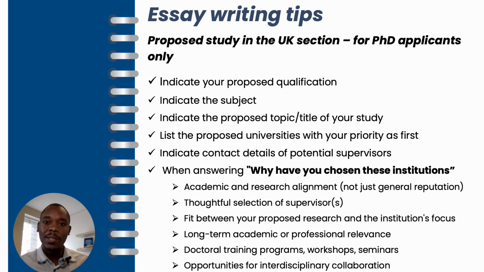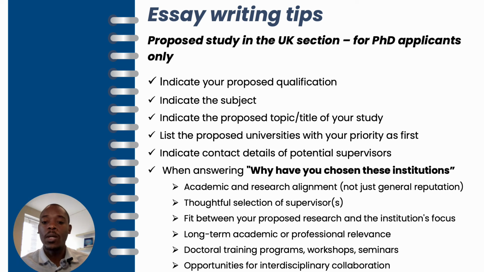No, this is the PhD that you want to obtain, so you need to be very clear and concise. How is it related to the research that you want to do? Do they have the facilities that will enable you to complete the study? Does it fit your proposed research? What focus? Each institution, in terms of research, has a different focus.